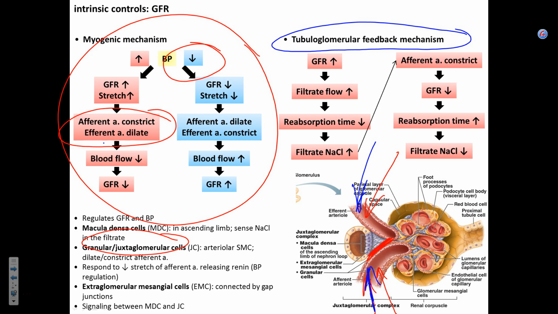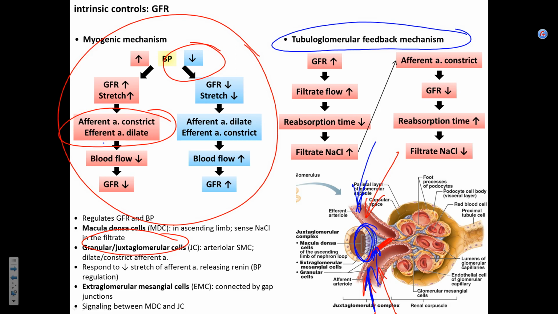So there are three main types of cells that mediate it. Macula-densa cells in the walls of the nephron loop sense the concentration of sodium chloride. Granular cells, as I mentioned, constrict and dilate afferent and efferent arterioles. Does that make sense?